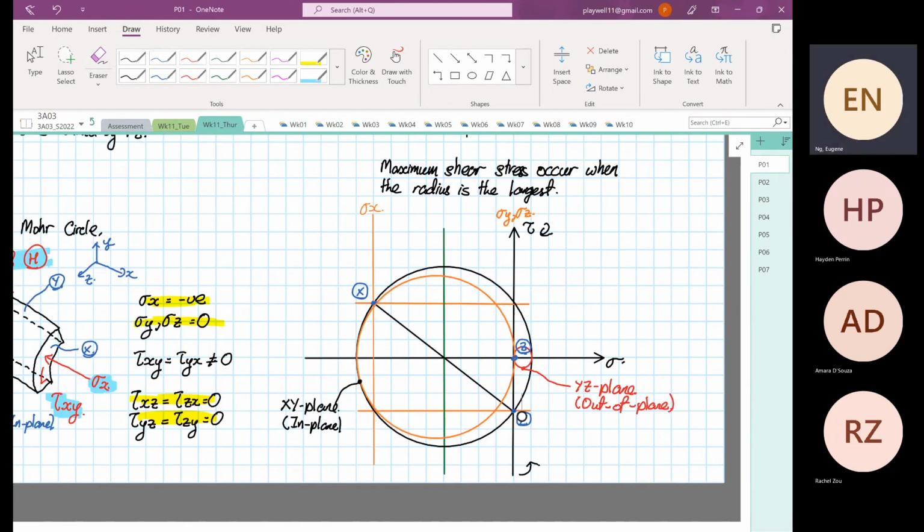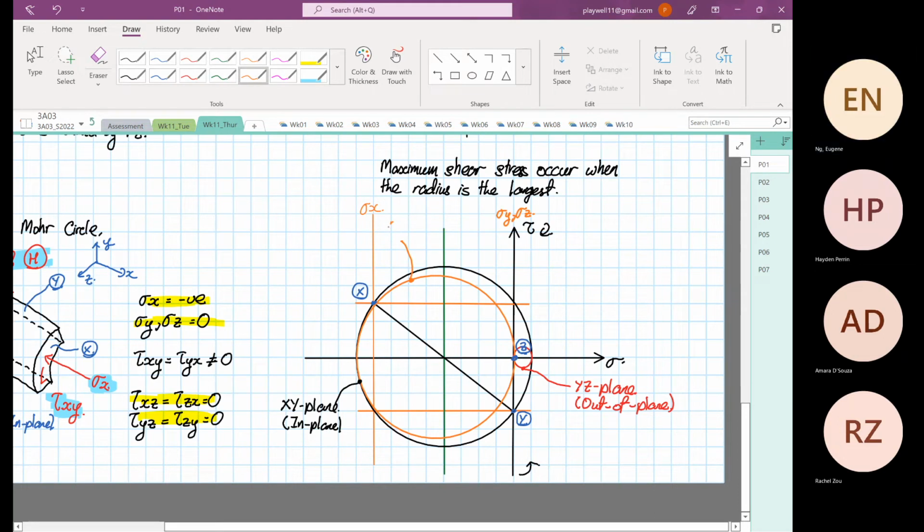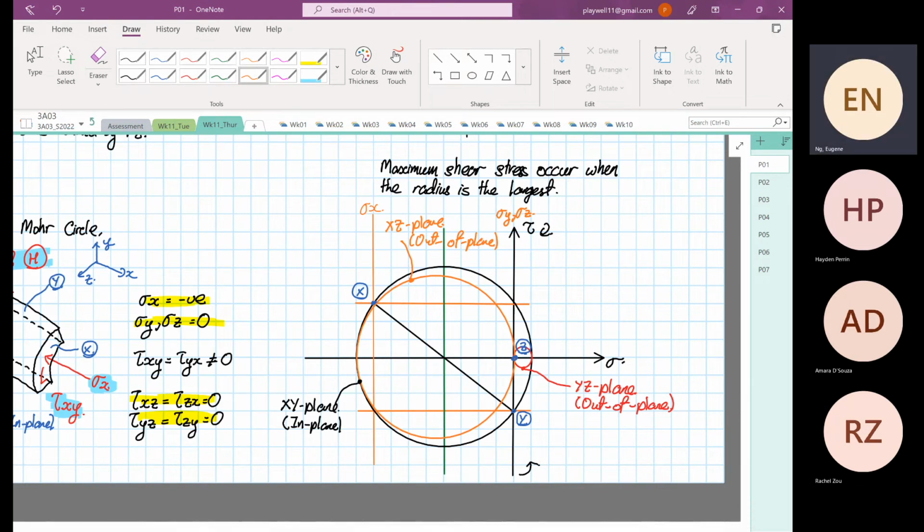The last circle over here belongs to your XZ plane, again, which is your out of plane.